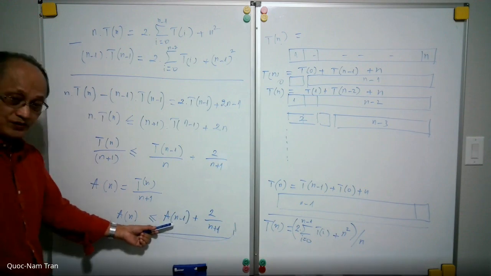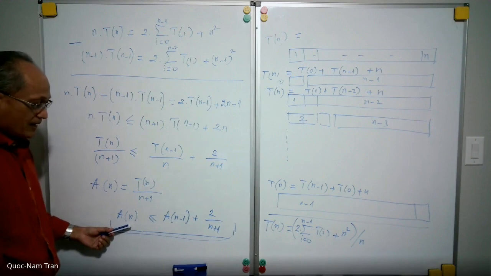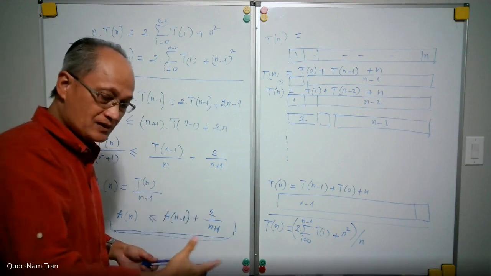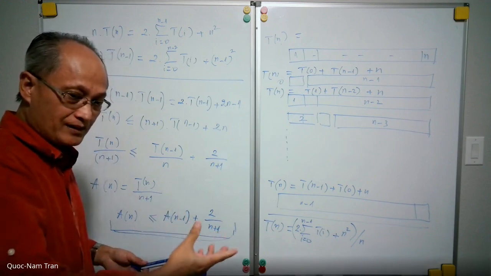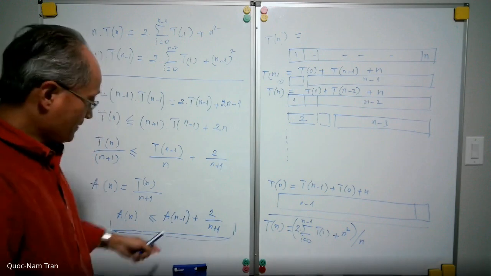Now, if I use the recursion tree, An will be 2 divided by n plus 1, plus 2 divided by n, plus 2 divided by n minus 1, etc. What is that sum?